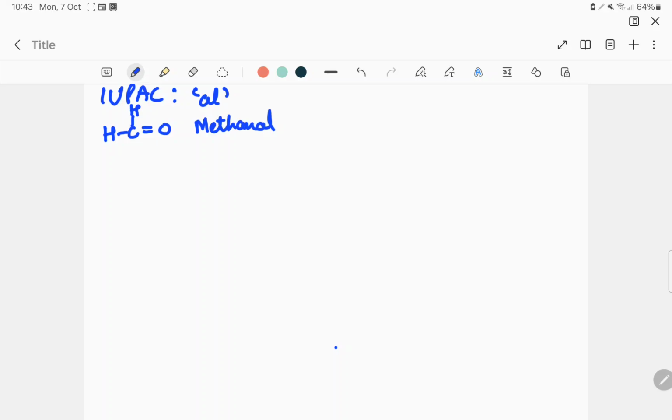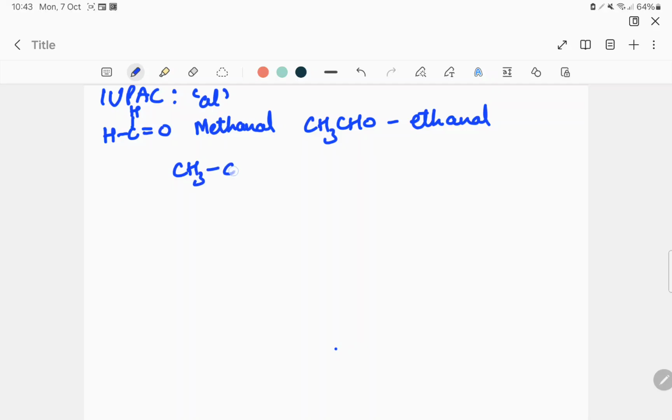If two carbon atoms are present, the root word will be eth, and it is ethanal. If we are going to name CH3CHFCHO, it is terminal, it will be 1, then 2 and 3. It is going to be 2-fluoropropanal.